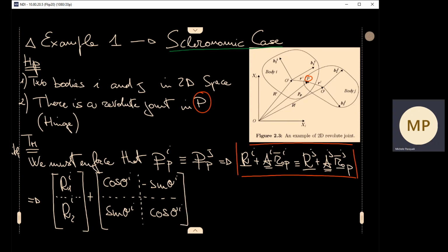This must be equal at all times, as we have said, to the same stuff, but referred to the body J. R1, R2, plus, no, wait a minute. I forgot one part. Nobody said anything. This matrix has to be applied over R0P, of course. So where R0,1 of point P, and R0,2 of point P, always of body I.